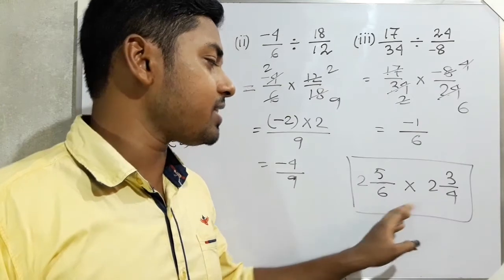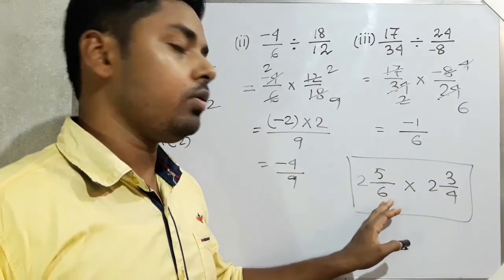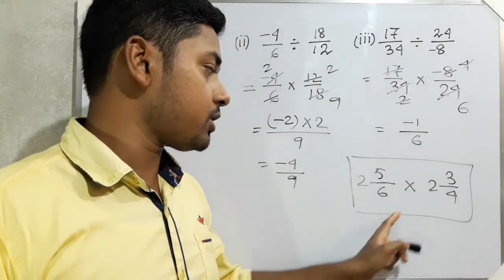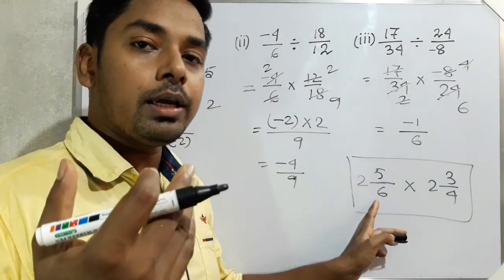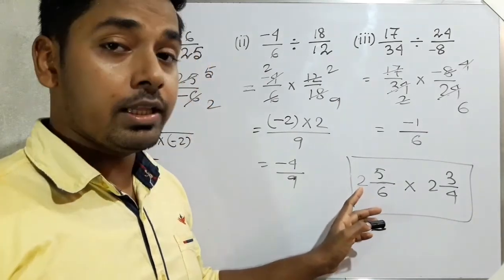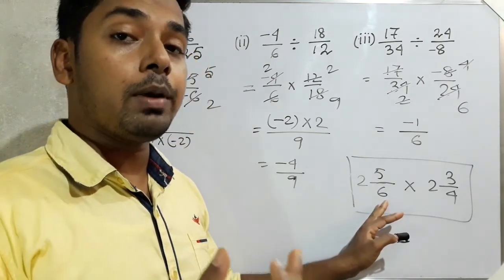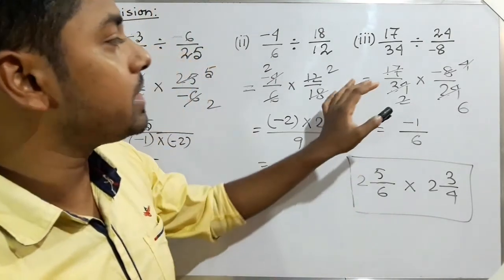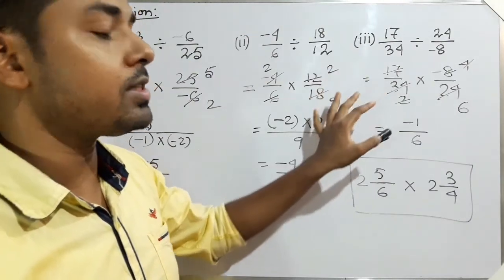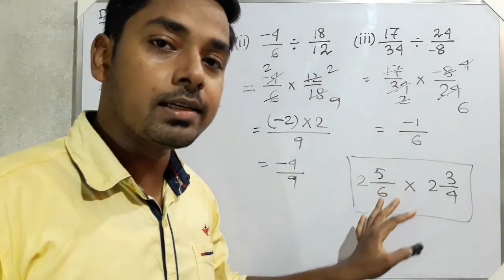What you have to do is convert this mixed fraction into an improper fraction first. In the form of this rational number, you have to convert it into an improper fraction first, then you have to use the same rule. Is that clear?